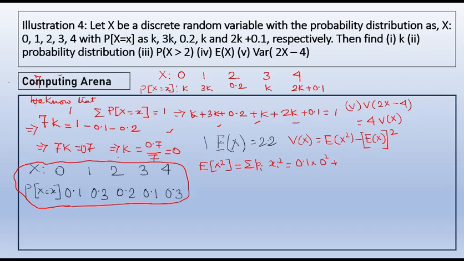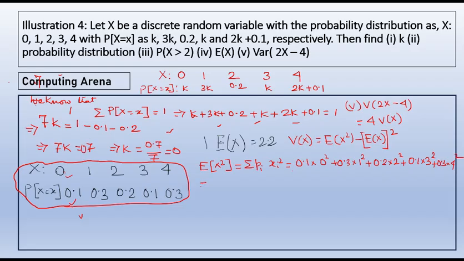So probability is 0.1, and this is the corresponding value 0 squared, plus then we have 0.3 multiplied by 1 squared, plus probability 0.2 multiplied by 2 squared, plus probability 0.1 multiplied by 3 squared, plus probability 0.3 multiplied by 4 squared. So these are the values.